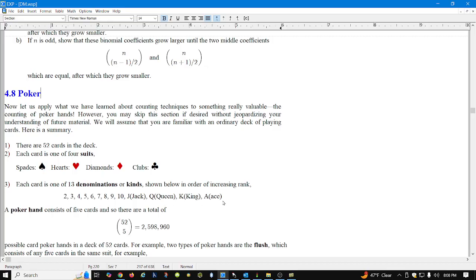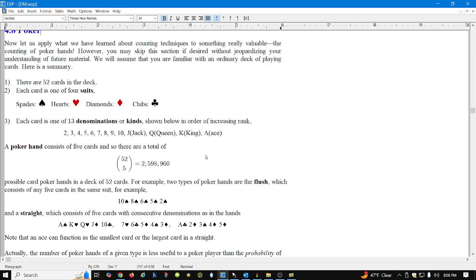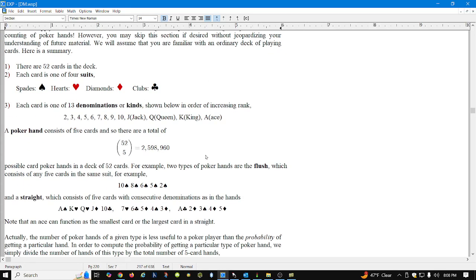This is in order of increasing rank. Now, a poker hand consists of 5 cards. So we now know that there are 52 choose 5, or 2,598,960 possible poker hands.